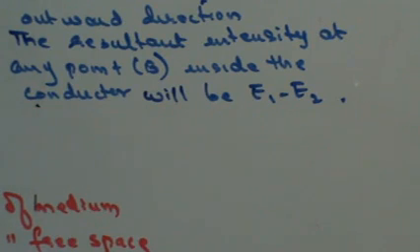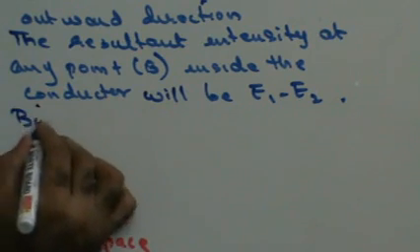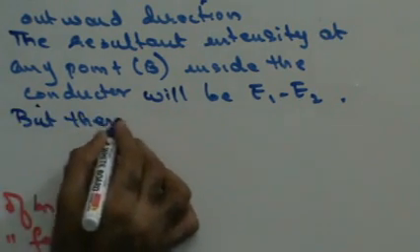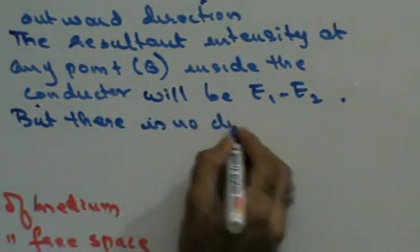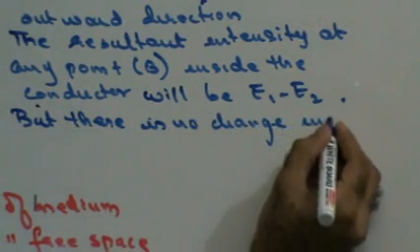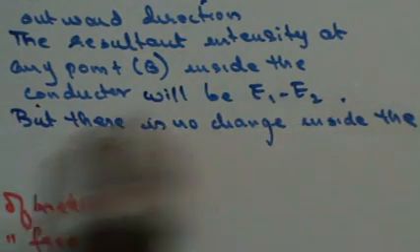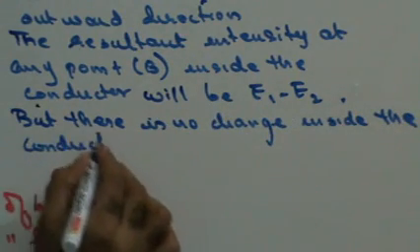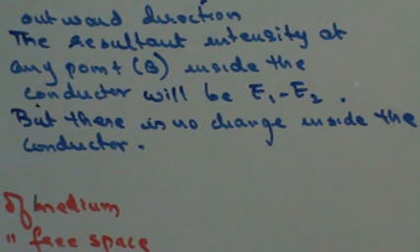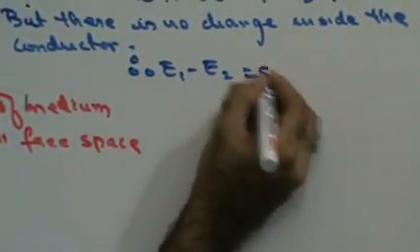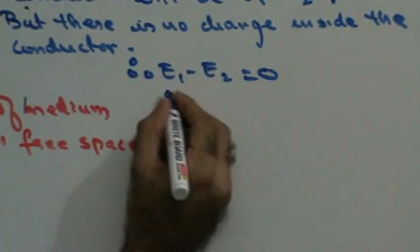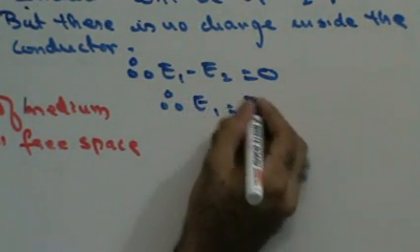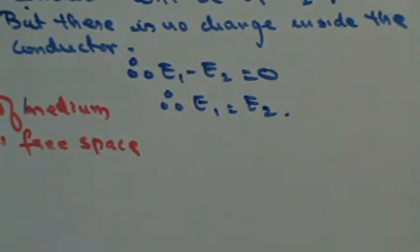But we know that there is no charge inside the conductor. That means the total intensity inside the conductor should be 0. That means I can say that E1 minus E2 should be equal to 0. Hence, E1 should be equal to E2 inside the conductor.